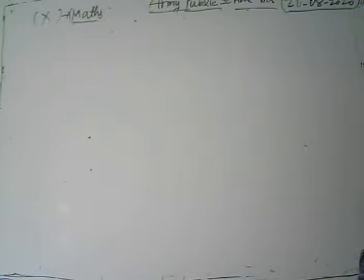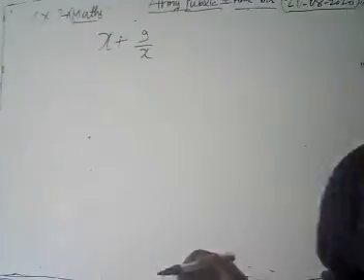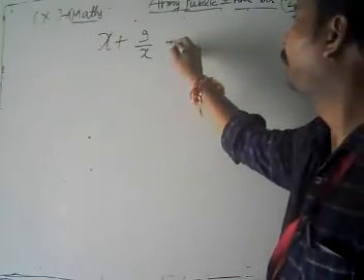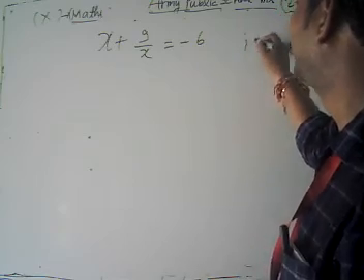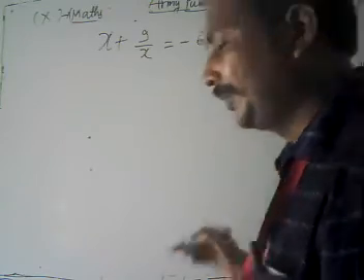Now we are going to take one more question: find the solution of x plus 9 by x is equal to -6, given that x cannot be 0.